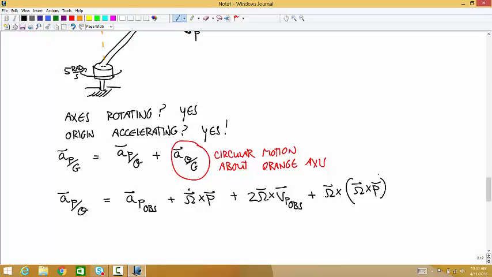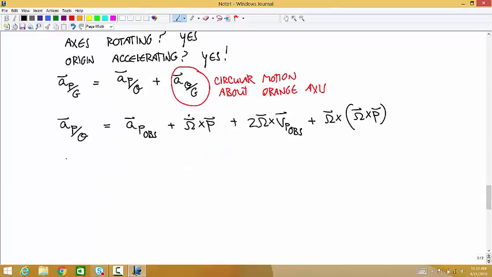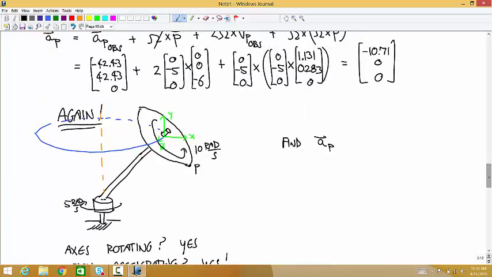All right, well, let's start out by calculating the acceleration of the origin relative to the ground. So how are we going to calculate that?